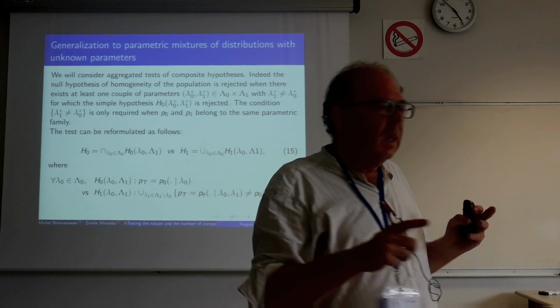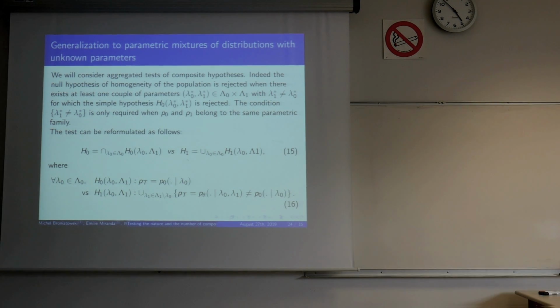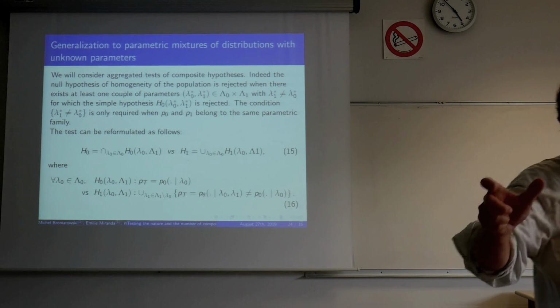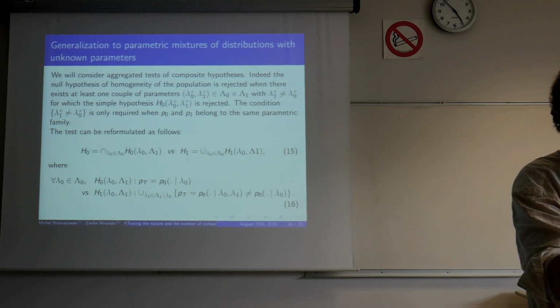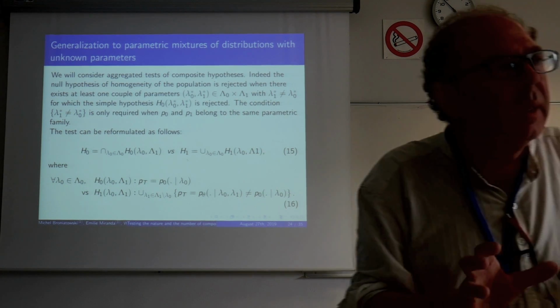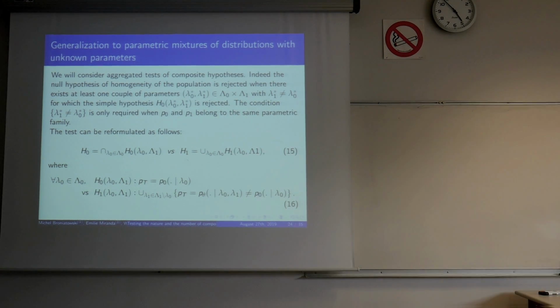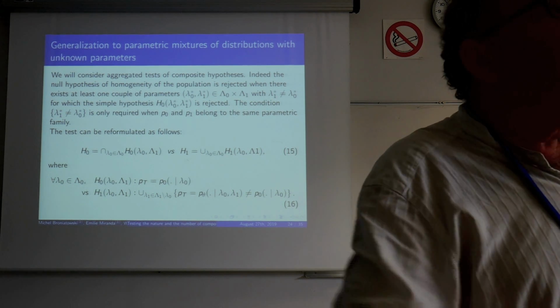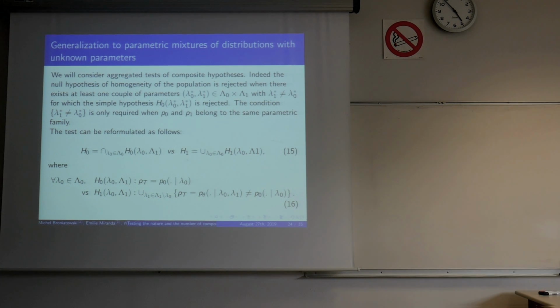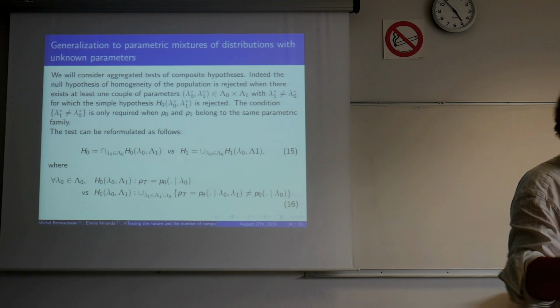We say that if ever for one choice of a distribution in F0 and one in F1, those are the two parametric families, we are able to state that there is heterogeneity with respect to only one component. This will be enough to say that we have found a submodel for which the data can be stated as heterogenic, and so we reject homogeneity.